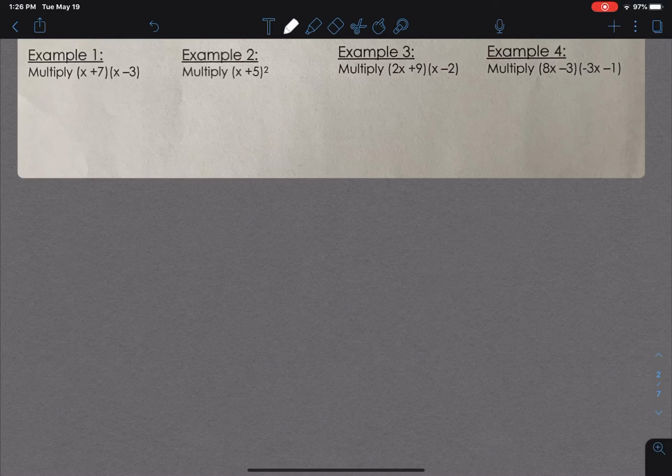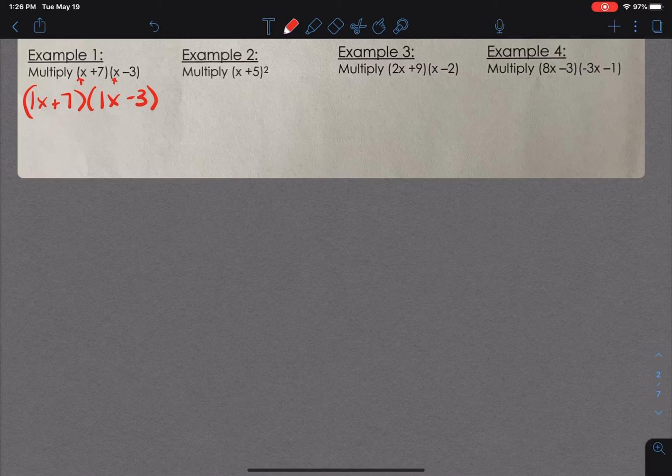So first of all, on this first parenthesis, on example 1, it's x plus 7 and then x minus 3. Now, I assume in front of both of these spots right here, I would have a 1. So it's really 1x plus 7 times 1x minus 3.